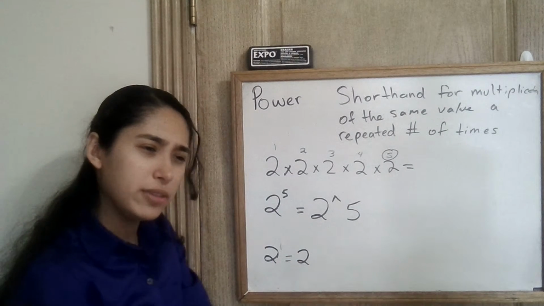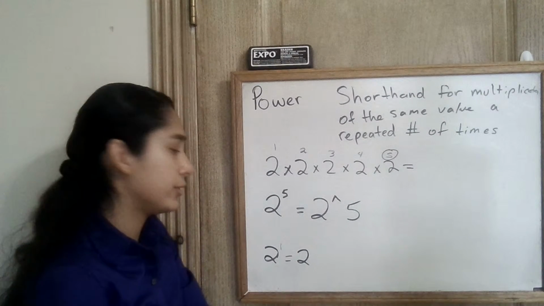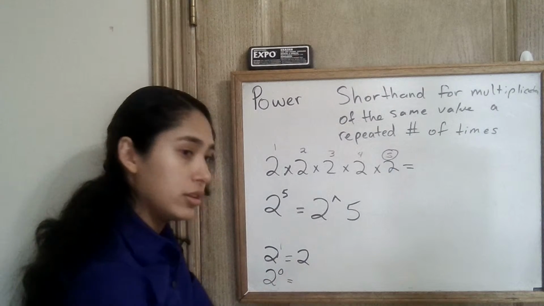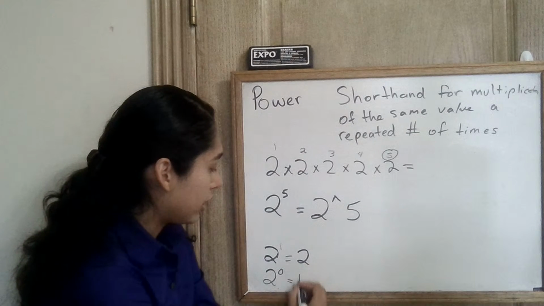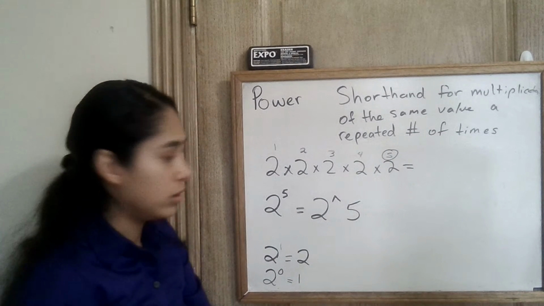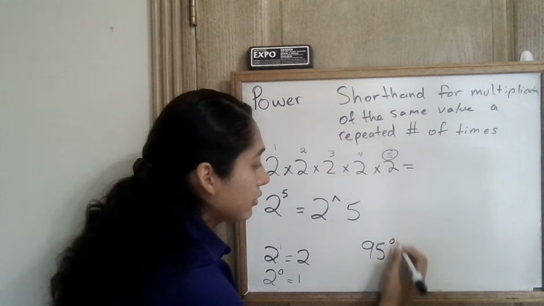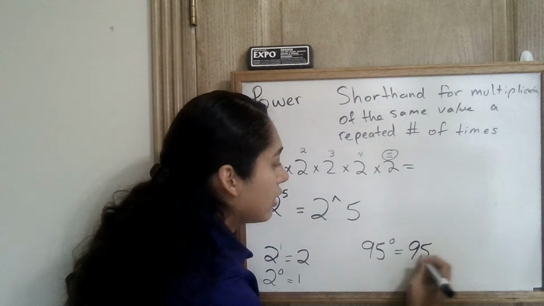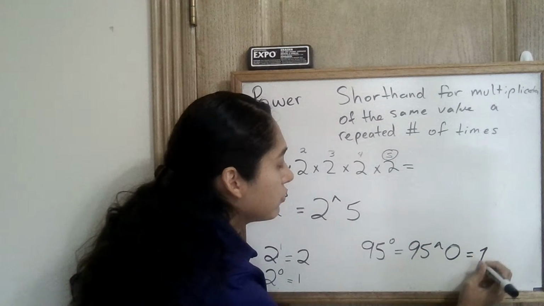But what if I do to the power of 0? Interesting. This is very interesting. I actually get 1. Any number to the power of 0 is 1. If I do 95 to the power of 0, the power of 0 is going to be equal to 1.